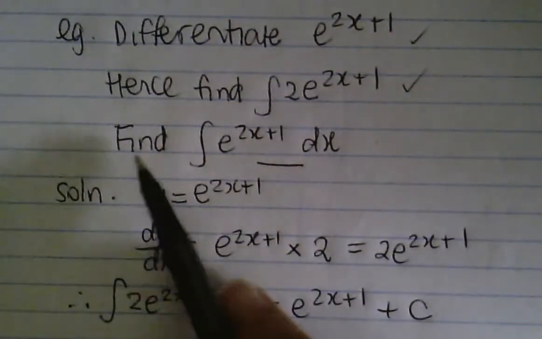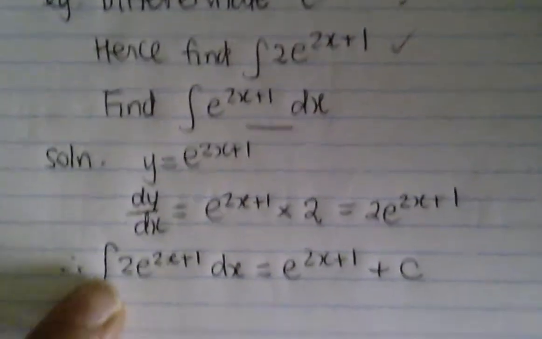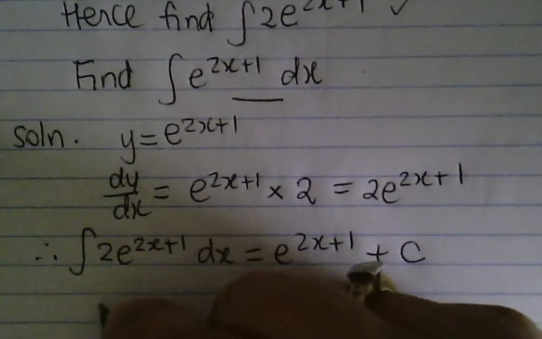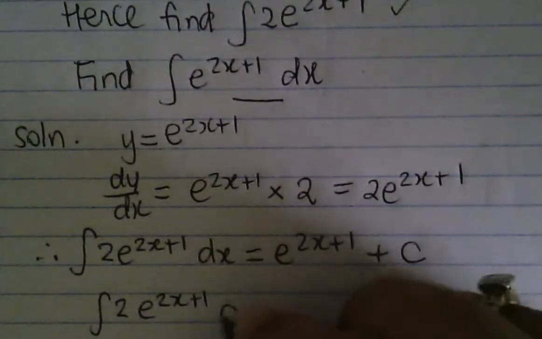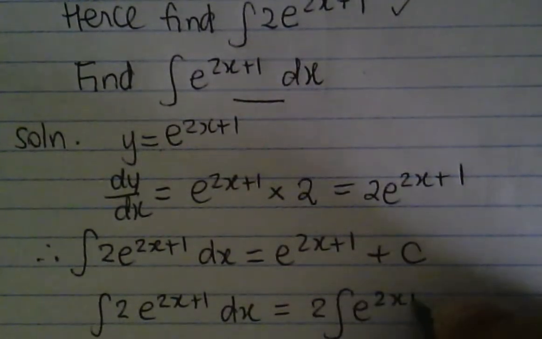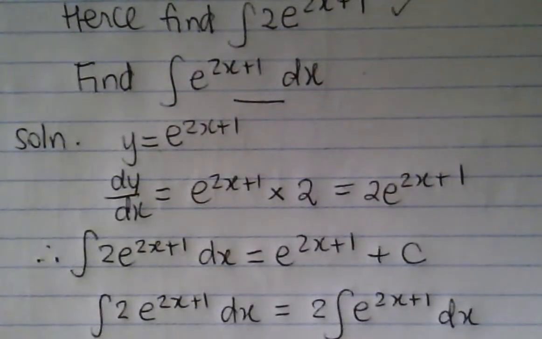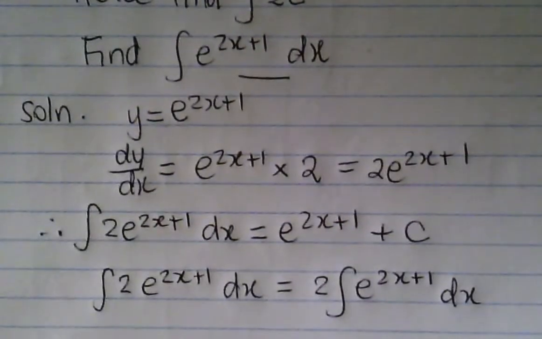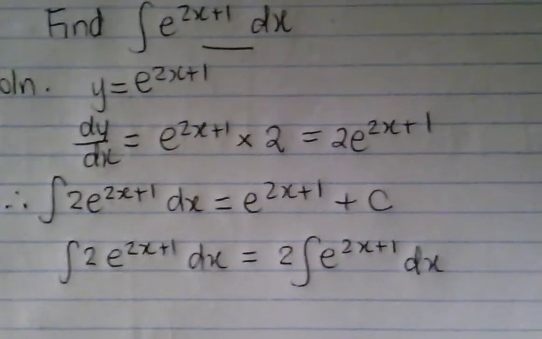Now find the integral of just e to the 2x plus 1. So if the integral of 2e to the 2x plus 1 is that, isn't that the same as 2 times this integral? So the integral of 2e to the 2x plus 1 will be the same as 2 times the integral of e to the 2x plus 1.